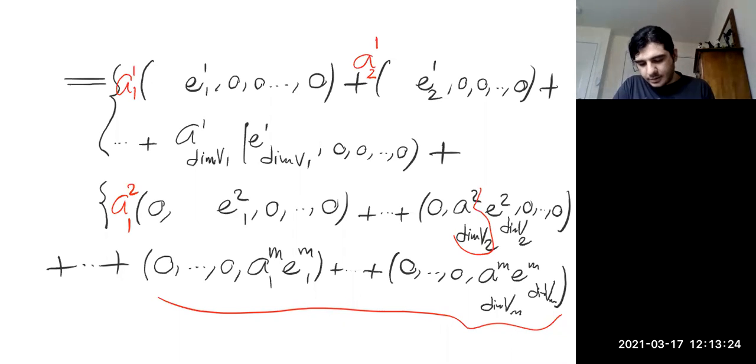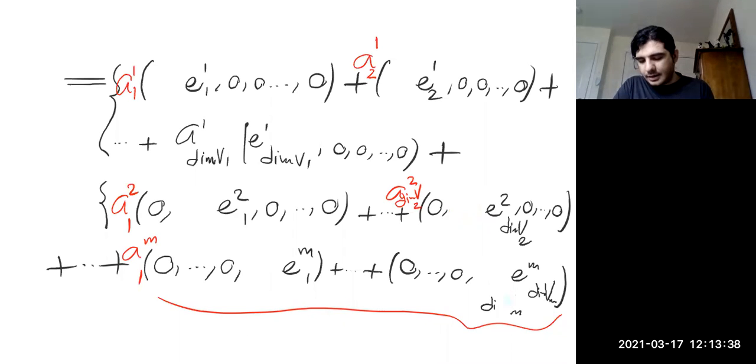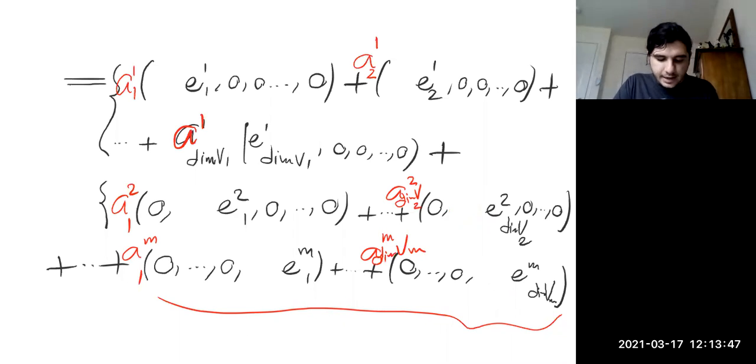Here this vector comes out a2 dimension of v2 and so on. Here this vector comes out in front of the vector, and in the last one, a m dimension of v. So these things written in red, they are scalars.